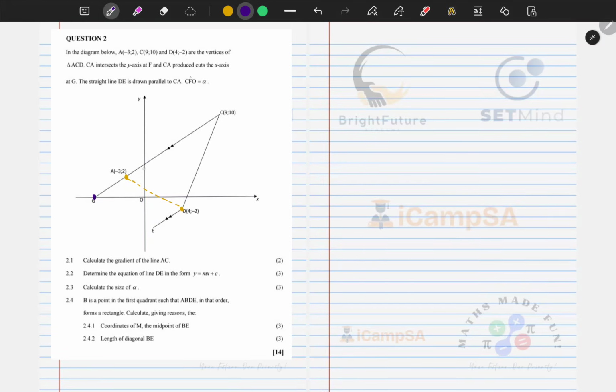So what we are being told is that B is a point in the first quadrant such that ABDE in that order forms a rectangle. So we have to form a rectangle, and B is going to be a point in the first quadrant. So this will be your first quadrant, right?